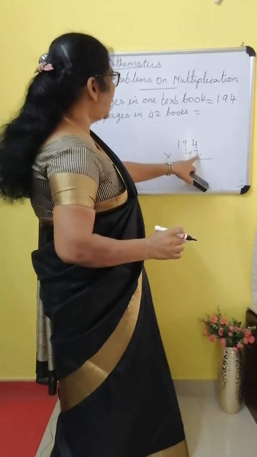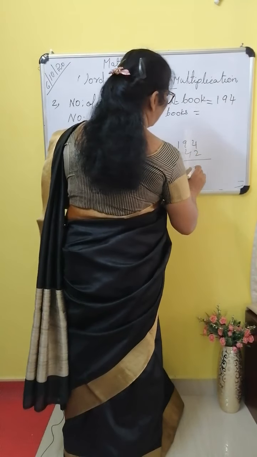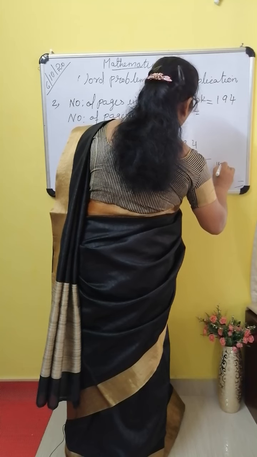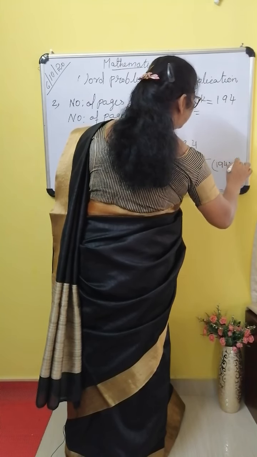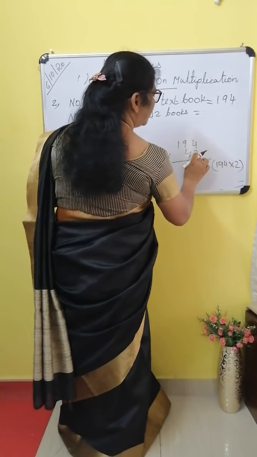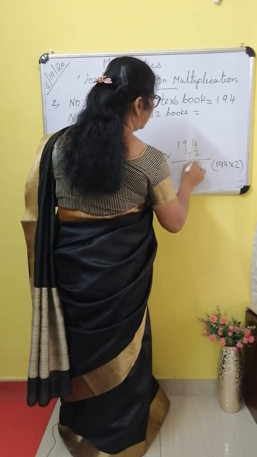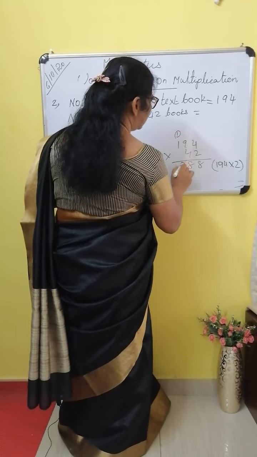First we are multiplying 194 into 2. So, 2 fours are 8, 2 nines are 18, 1 remainder, 2 ones are 2 plus 1, 3.